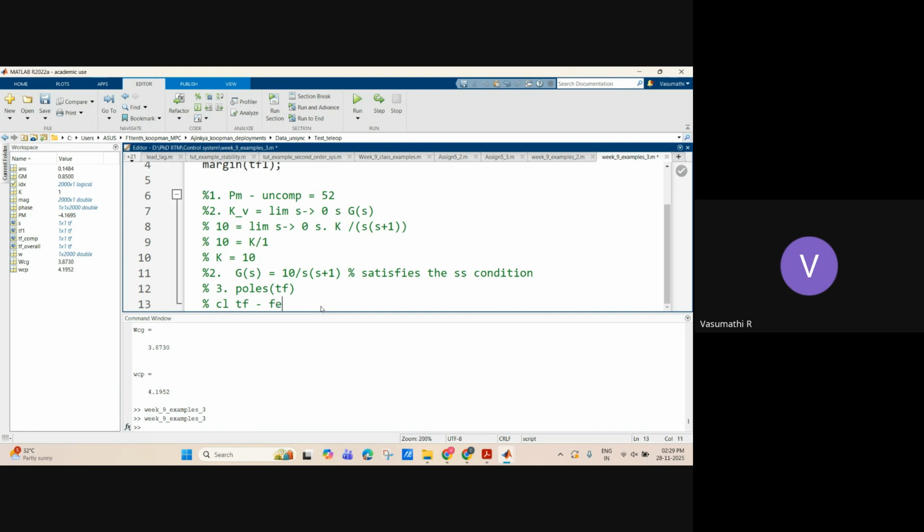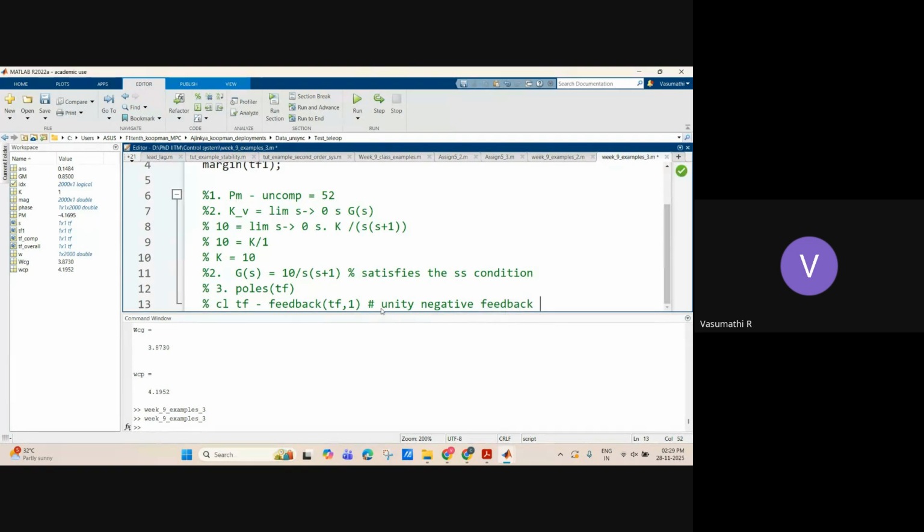The formula for closed loop transfer function with unity negative feedback is feedback(TF, 1). The 1 represents the unity negative feedback. If you have some other feedback in your feedback loop, H(s) equal to 3 or something, you need to put that here. So this is for unity negative feedback.